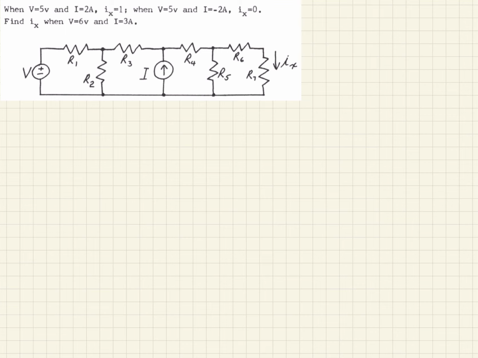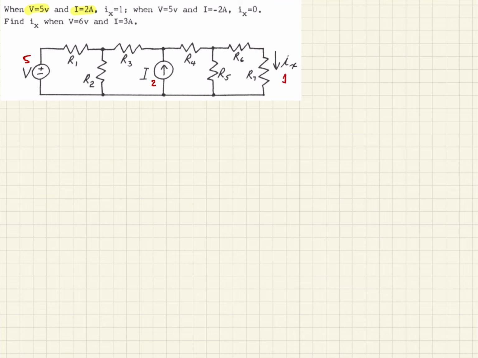For the first scenario, we see that when V is equal to 5 and I is equal to 2 amps, in other words, this would be 5 volts, this would be 2 amps, they tell us that IX then is equal to 1.